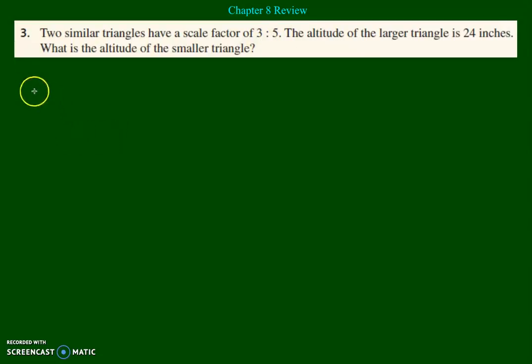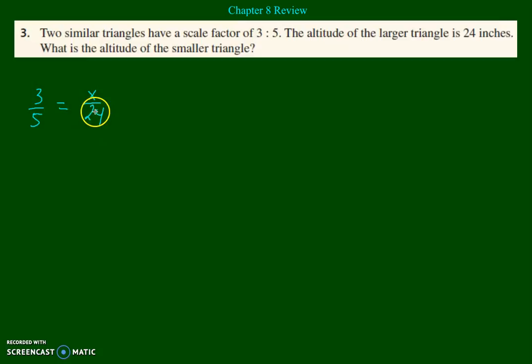We have 3 to 5 equals, and this is the altitude of the larger triangle. 5 is the ratio small to big, so 5 corresponds to the 24. So we're going to put x over 24 to set up our proportion.